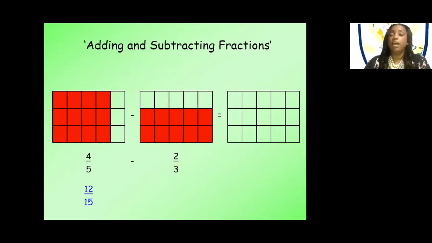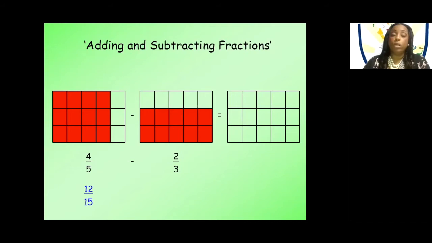In this case, our LCM will be 15. The LCM is found by listing the multiples of both denominators and finding the multiple that is common to both. Again, 5 and 3, my LCM will be 15.